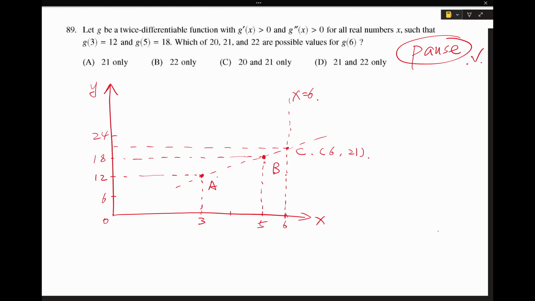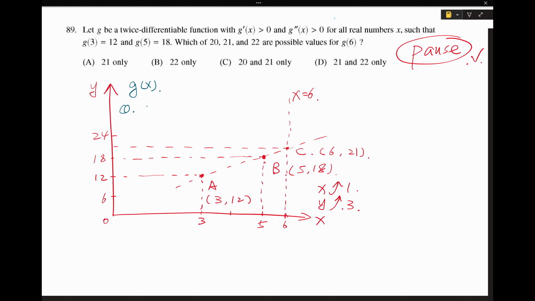The reason is that based on the coordinates of point A and point B, we know that as x increases by 1, the y value increases by 3. And the next thing we're going to do is focus on the shape of function g(x).